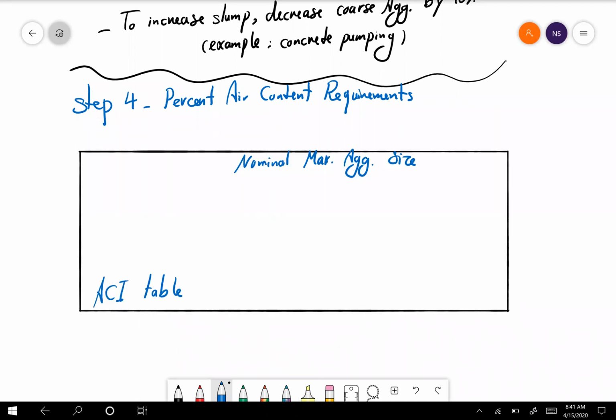You have two types of concrete: non-air entrained or air entrained concrete.